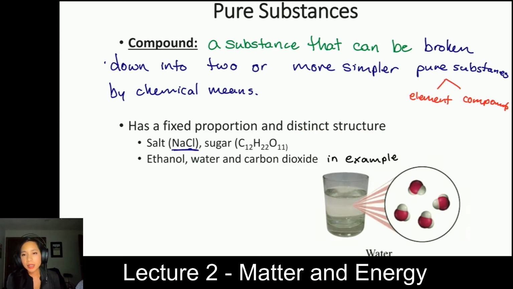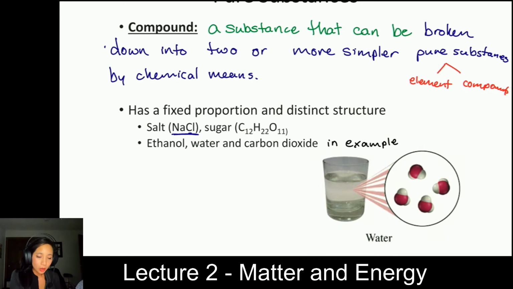What we mean by distinct structure is that regardless of where you find the compound, it will always look the same. Here in this photo is a picture of water, which has a formula of H2O. H2O, water, has a fixed proportion. There are 2 hydrogens for every 1 oxygen.